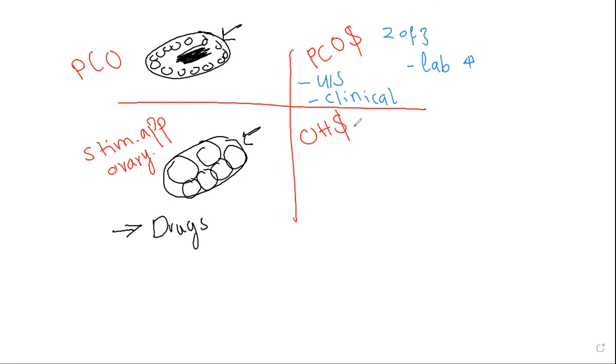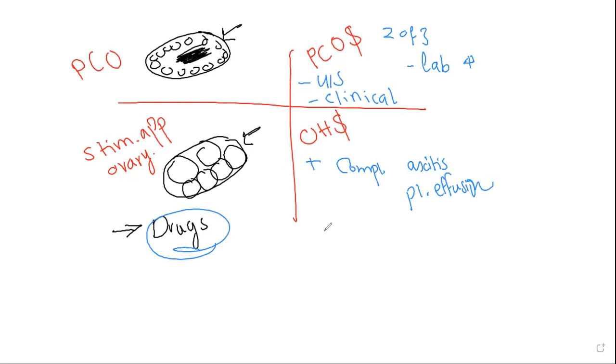What about the ovarian hyperstimulation syndrome? We have this basically plus her having complication as in ascites and pleural effusion. And of course, the patient will be on induction drugs. So this is basically a wrap up of the PCO and the PCO syndrome.